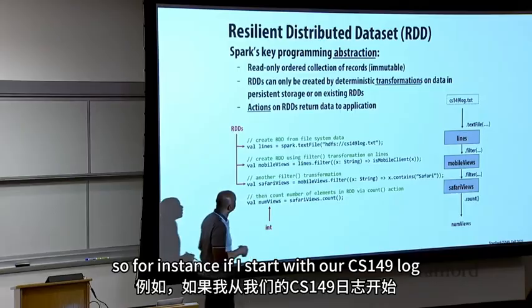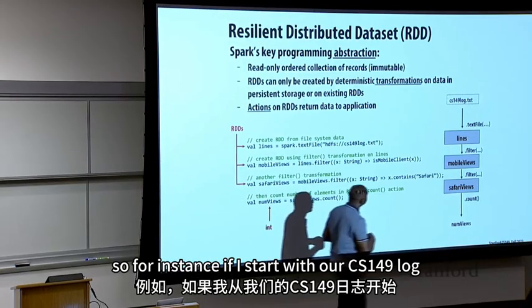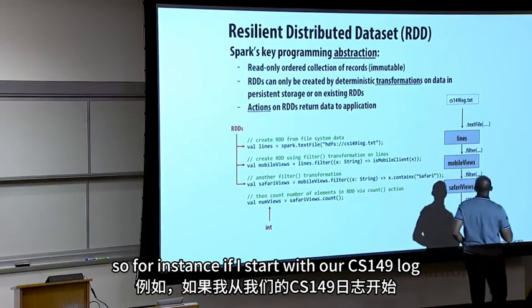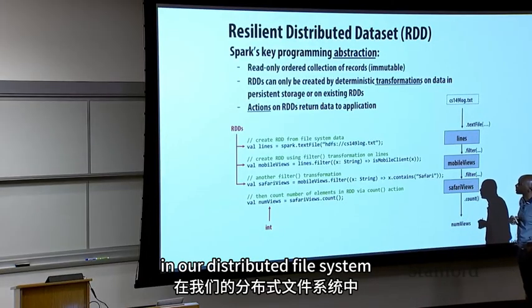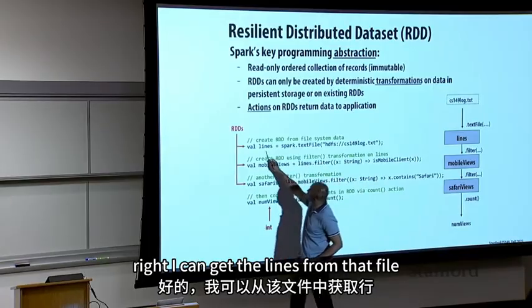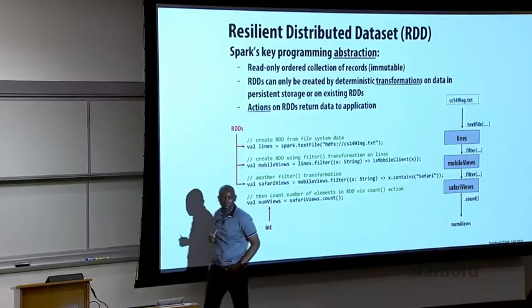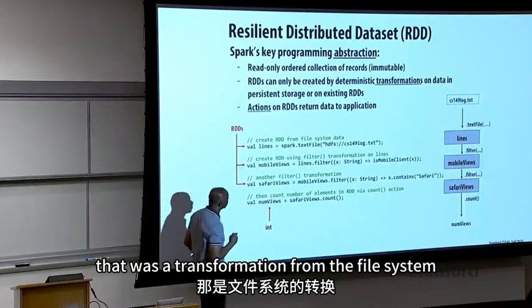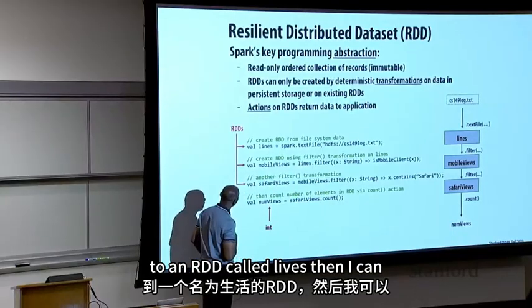Okay? So, for instance, if I start with our CS149 log, which is a text file stored in our distributed file system, I can get the lines from that file to create an RDD called lines. Okay? So that was a transformation from the file system to an RDD called lines.